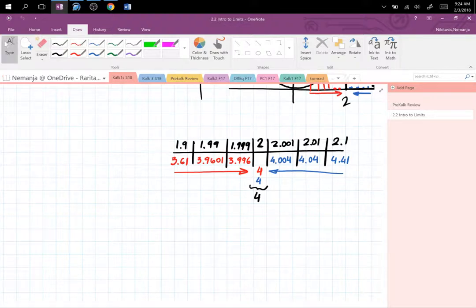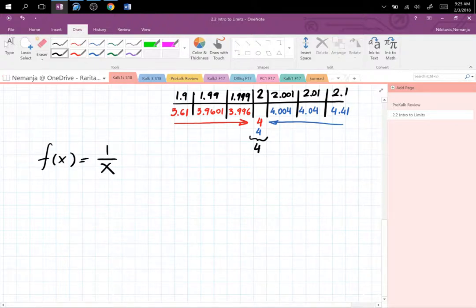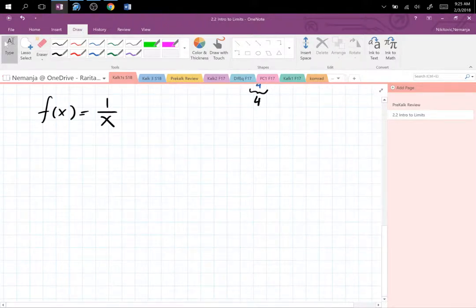I want to also show now the other case where you have no limit, so that we can develop the theorem that we want. So you observe the function f of x equals 1 over x, and you draw the function.